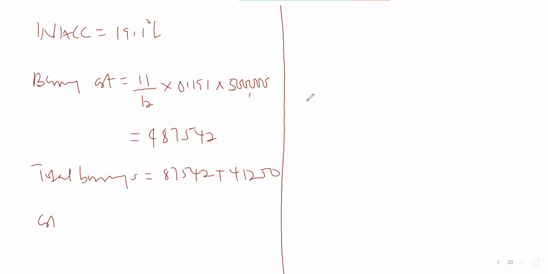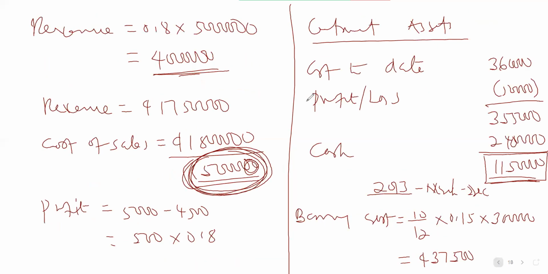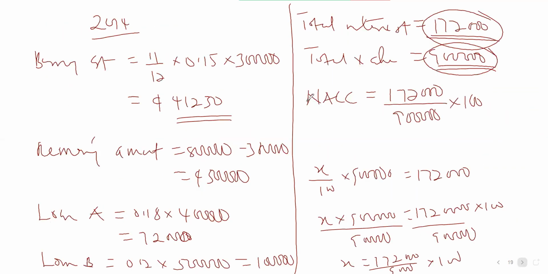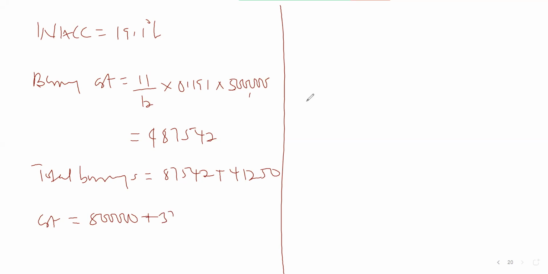The cost of the assets will be the 800,000, which was the amount spent on the assets, plus the borrowing cost for 2013, which was 37,500, plus the borrowing cost for this year, which will be the addition of these two. So you can add these two, then we add it to this one.